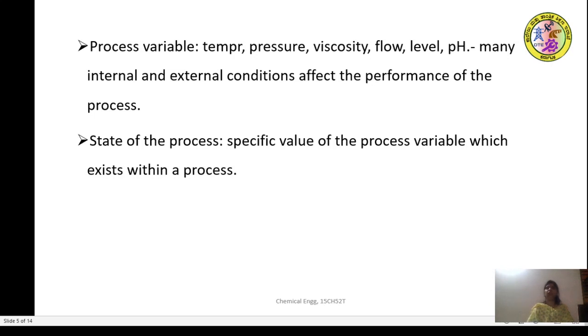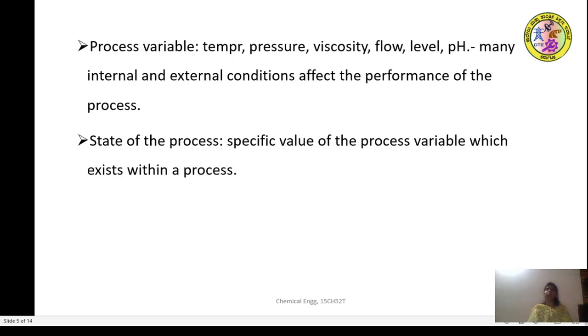What is the state of the process? State refers to the condition of the process. Condition in the sense the specific value of the process variable which exists within the process. For example, temperature: if you have a heating system in which the temperature has to be maintained at 70 degrees, in the sense the state is 70 degrees.